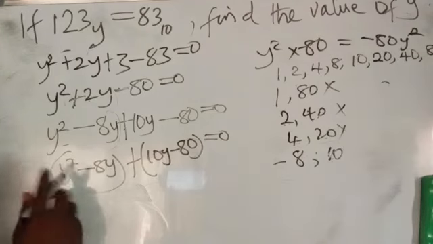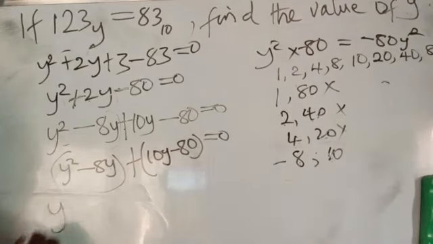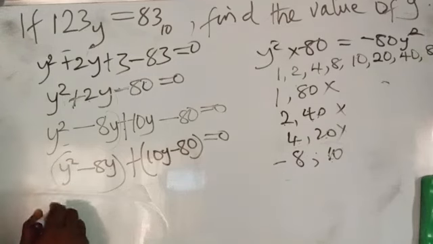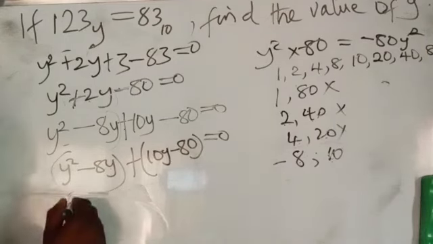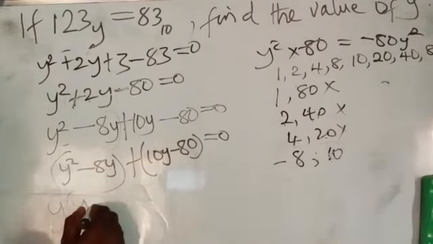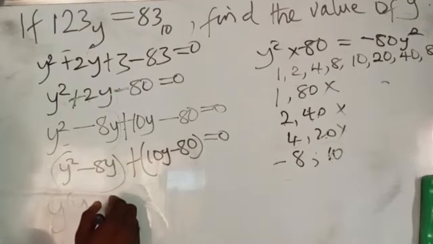So what they have in common is just single y, so you bring it out, because it will be dividing them. So y squared divided by y, you have y. Is that clear? You have y minus, 8y divided by y will give you 8.